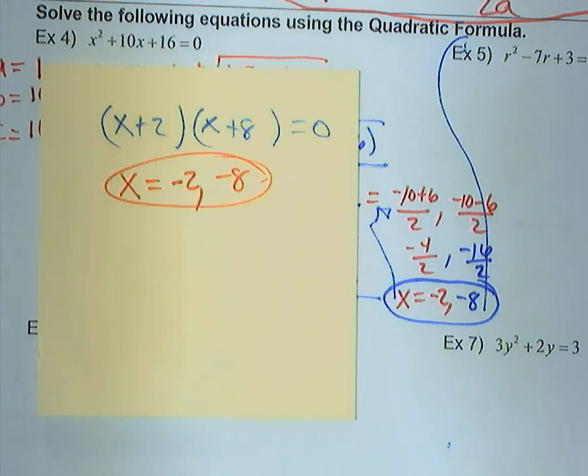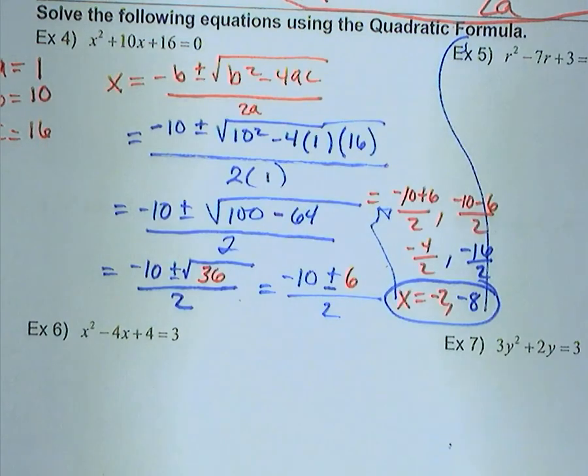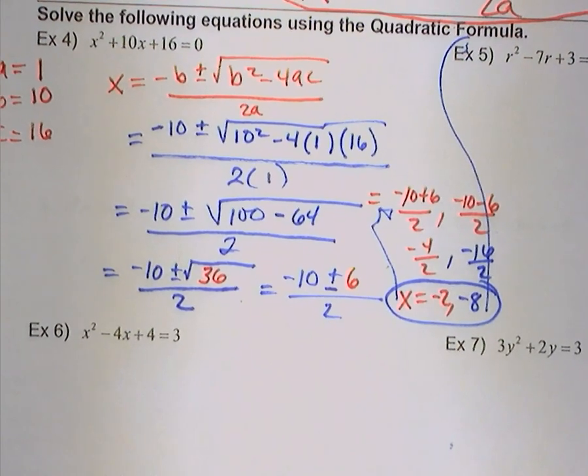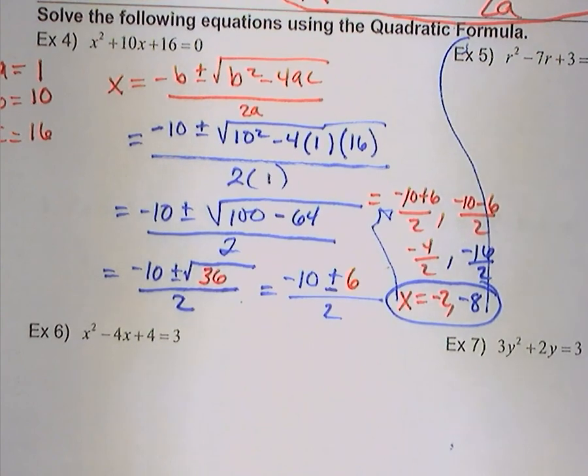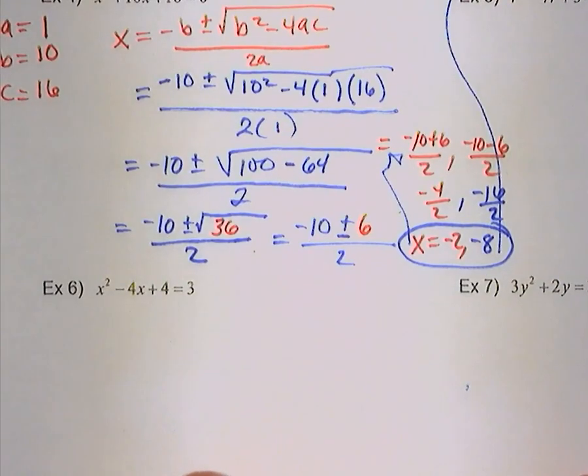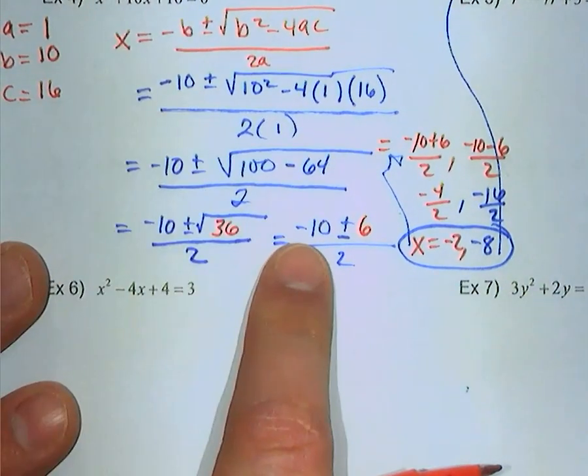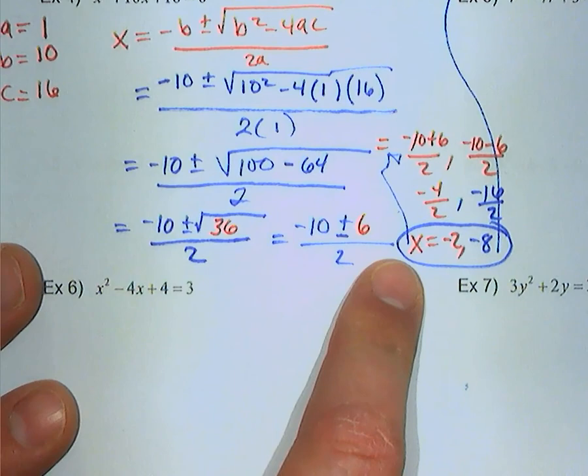What's the benefit of doing this? Sometimes you can't factor it. You could still have a solution, but it's a decimal. Sometimes there are answers that are decimals, and you can't factor decimals all the time, so that would be an example of when you would use it. Would I use the quadratic formula for this one normally?